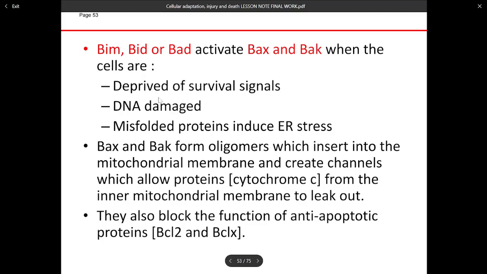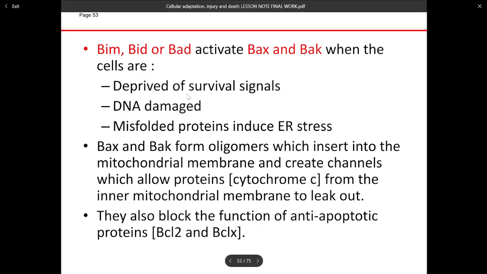When a cell is deprived of survival signals, or has DNA damage and misfolded proteins, BIM, BID, or BAD, which are pro-apoptotic, regulate the process of apoptosis initiation.